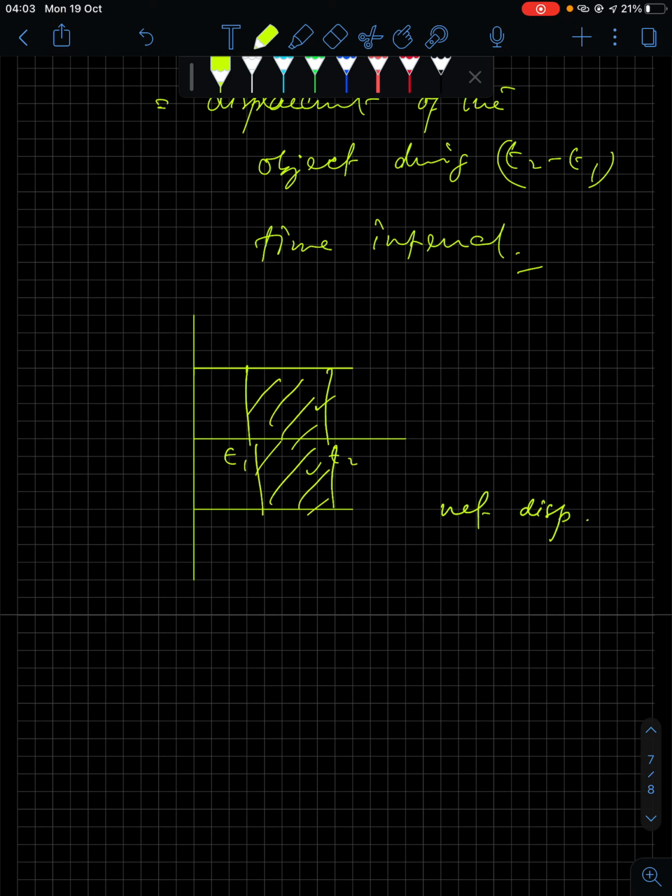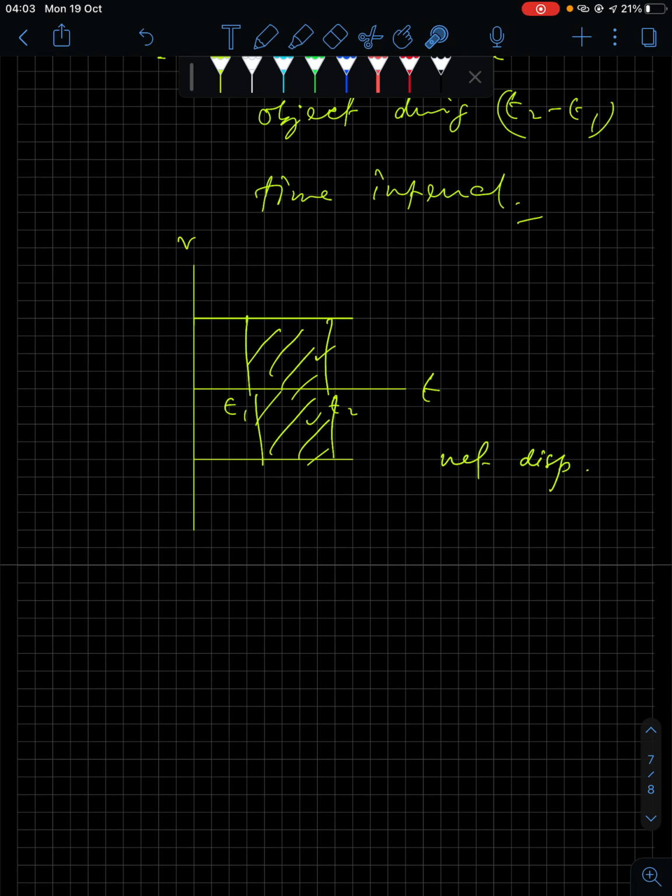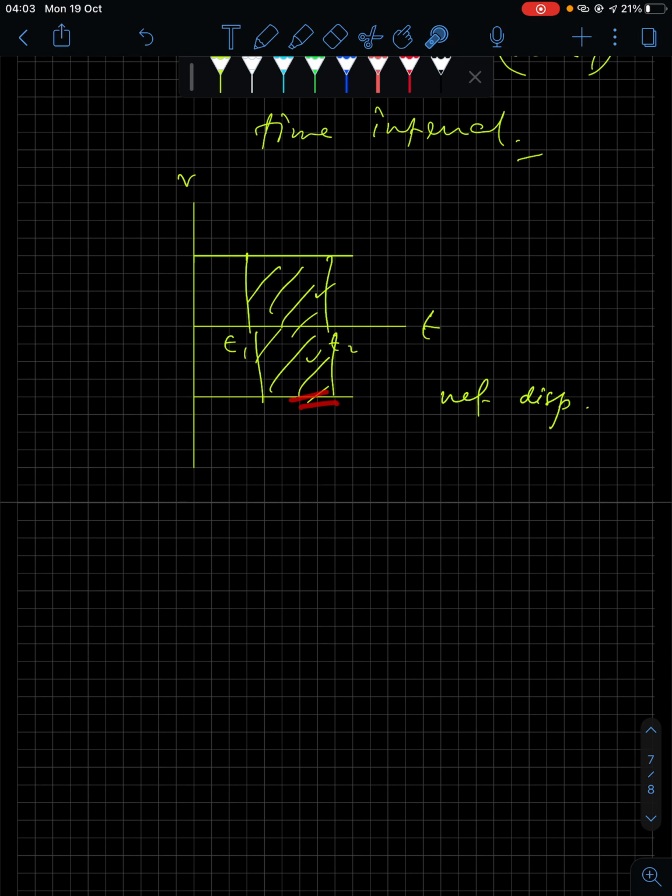You have to take care that this particular area will be considered as positive and this particular area will be considered as negative. So if both the areas are the same, the net displacement would be 0, because this is positive and this is negative. That is what you do in case of displacement.